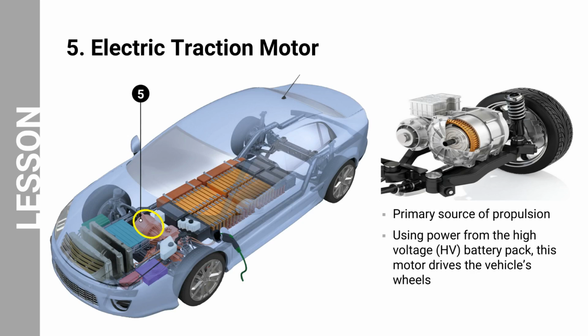Permanent magnet synchronous motors are the most common type of electric traction motor used in BEVs. They are relatively quiet and have a long lifespan. The basic components of a BEV traction motor include a rotor or a rotating part and a stator or a stationary part. There are several different types of electric traction motors that are used in BEVs. The most common types are DC, AC, and induction motors.